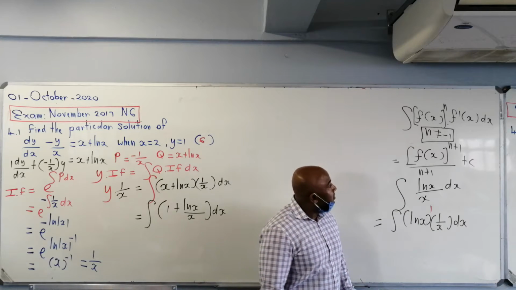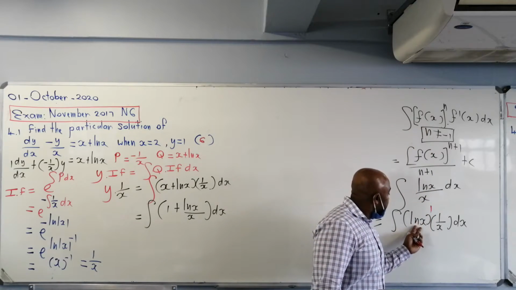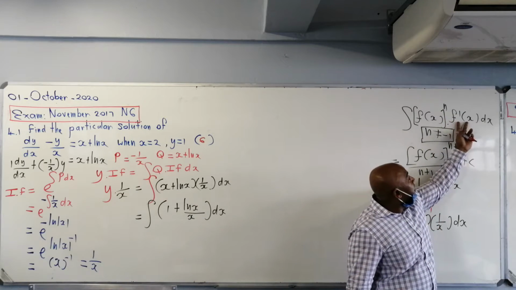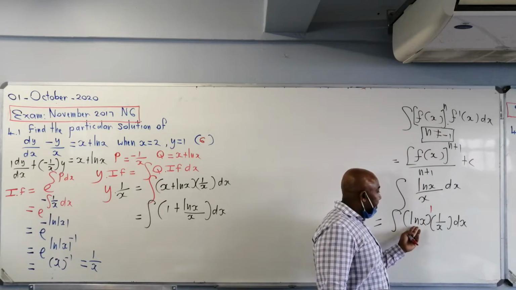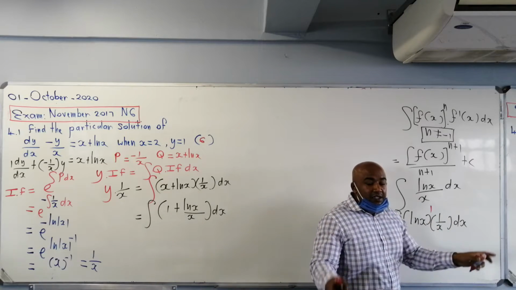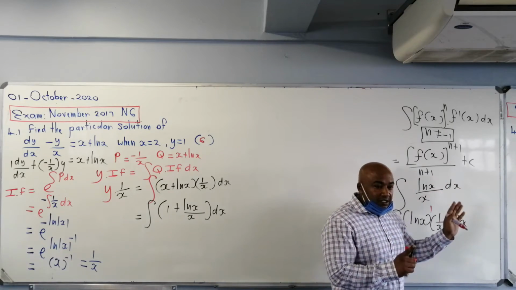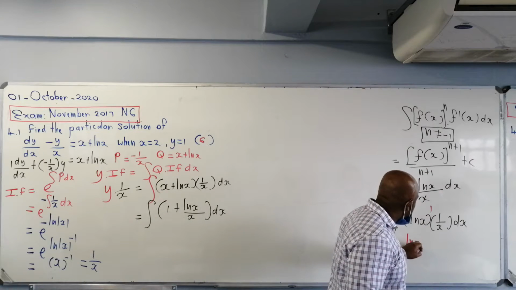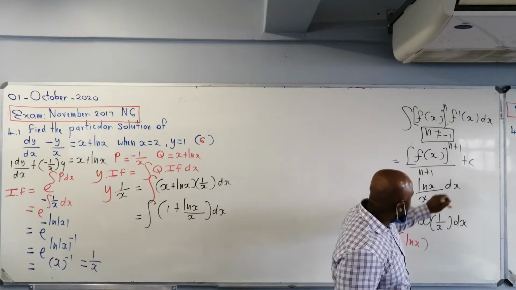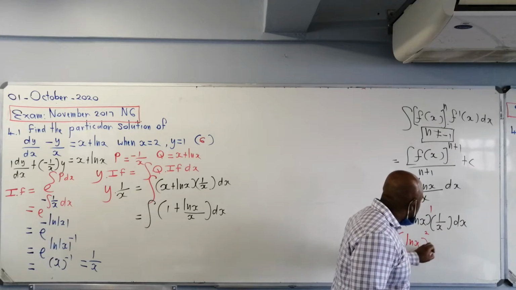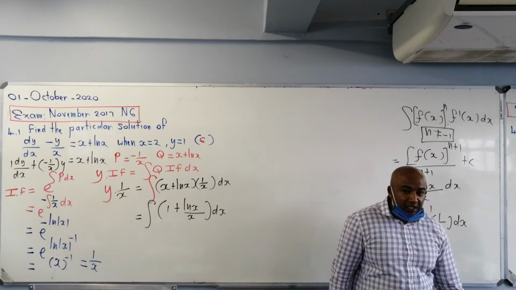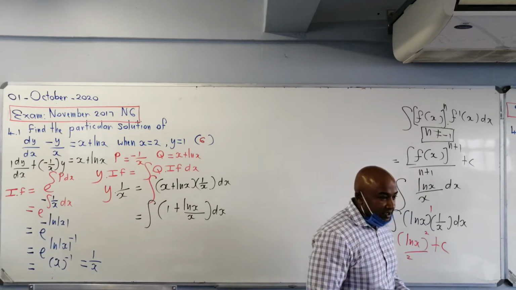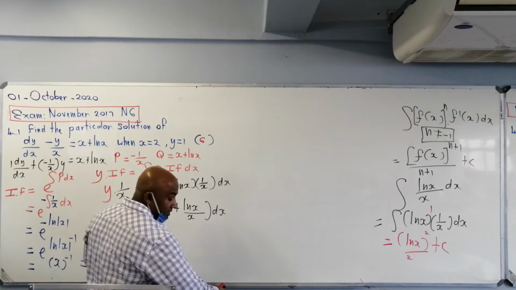It's 1. So now my f of x is ln x, my n is 1, and f prime x is the exact derivative of ln x, which is 1 over x. It satisfies this condition 100%. So all you do is you go f of x, which is ln x, to the power n plus 1, that's 2, over 2, plus c. That is our type A multiplication of exact derivatives. Okay, so let's do it here.